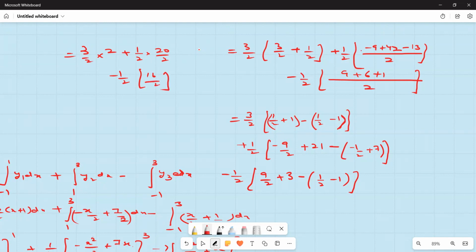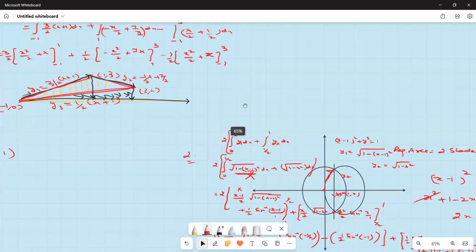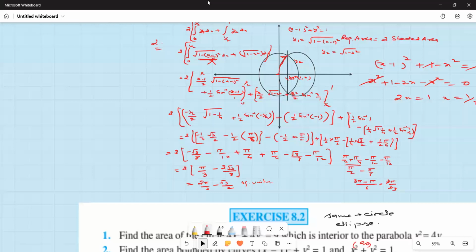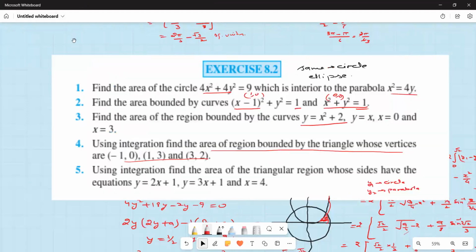So we are getting 2 cancel, 2 tens are, 2 fives are, and 2 eights are, 2 fours are. So we are getting as 3 plus 5 minus 4, 4 square units, right? Question number 4, 4 square unit is the answer.